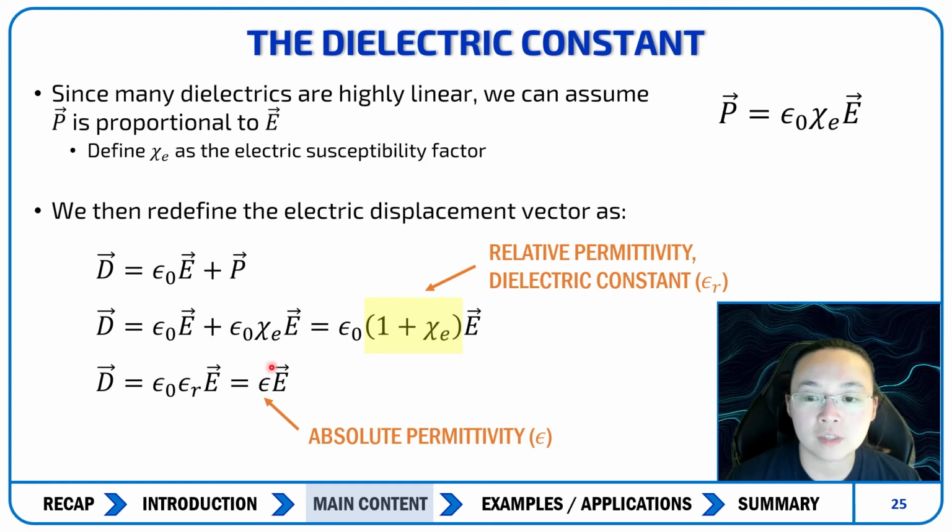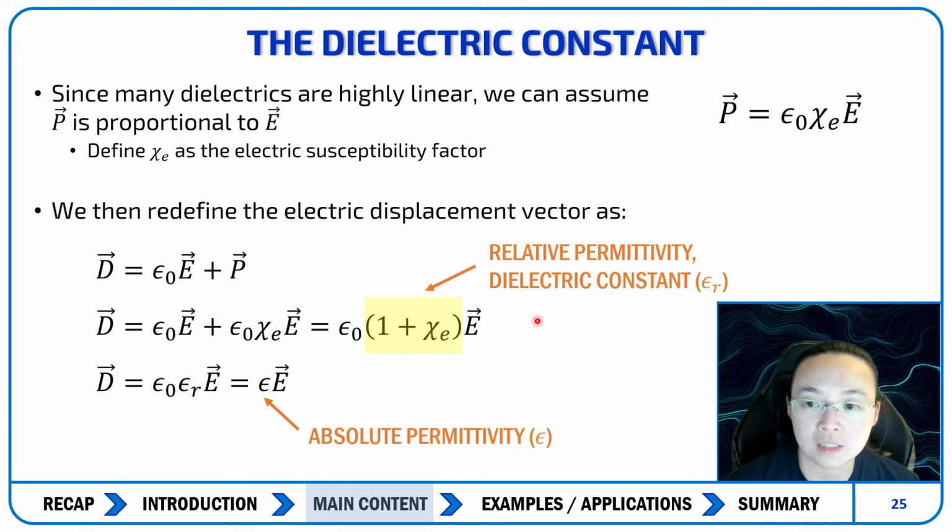So once we have this replaced, we have epsilon naught times 1 plus chi E times the electric field. We call this 1 plus susceptibility factor the dielectric constant because that's how much the material is susceptible to change from the electric field.